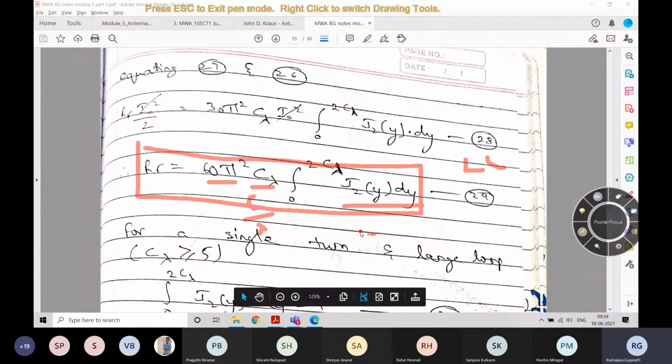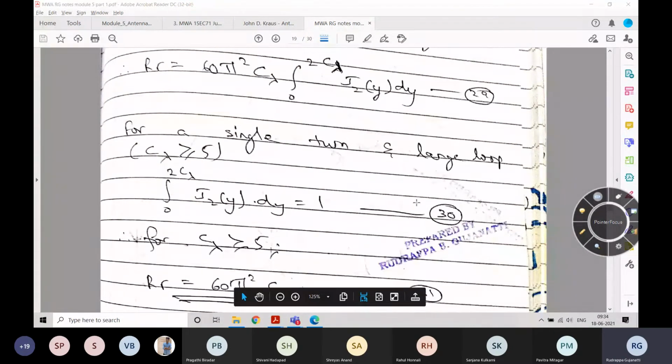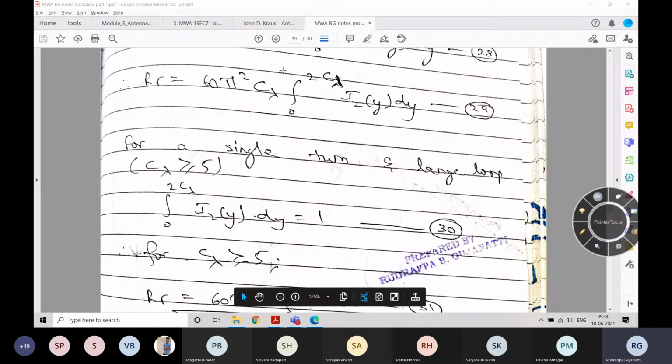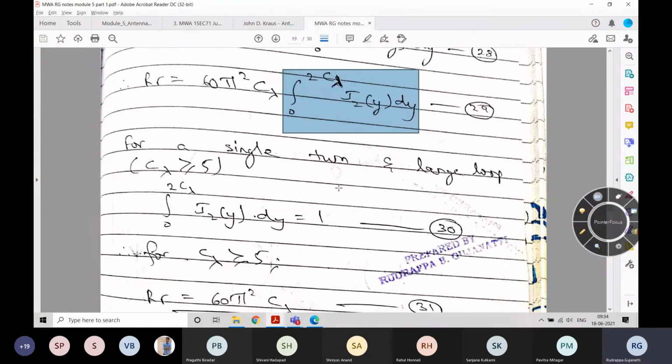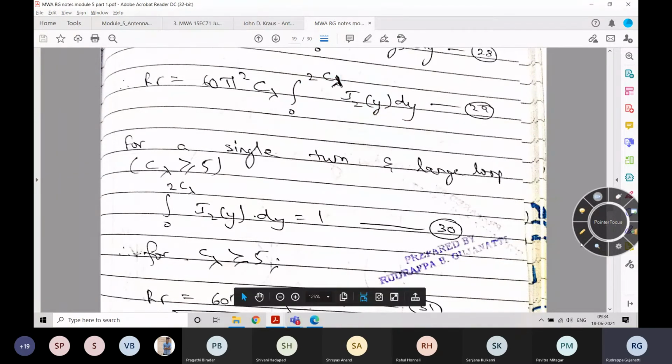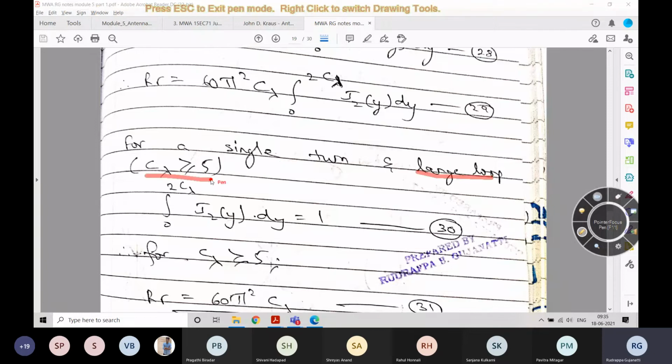So this is what we will be getting. Based on the c by lambda value, this integration parameter will be changing. For a large loop, the condition is c by lambda greater than or equal to 5. This is the condition we had observed.